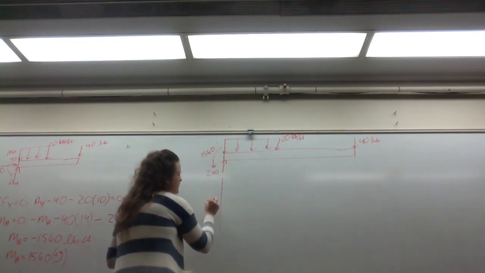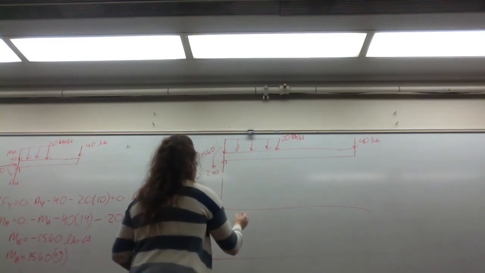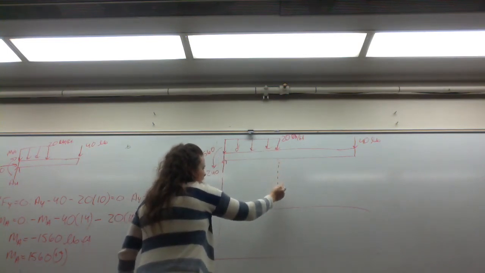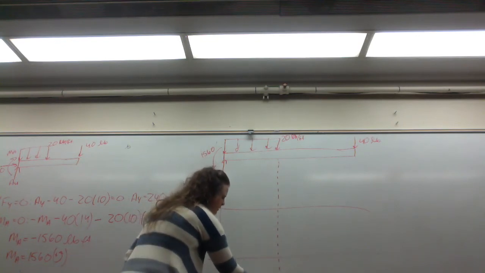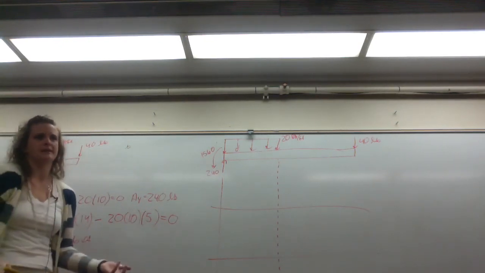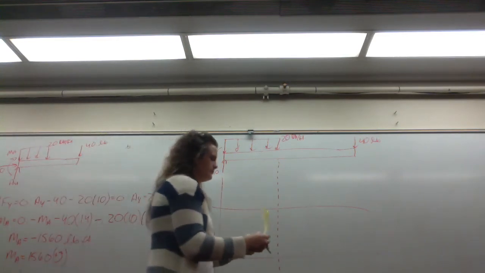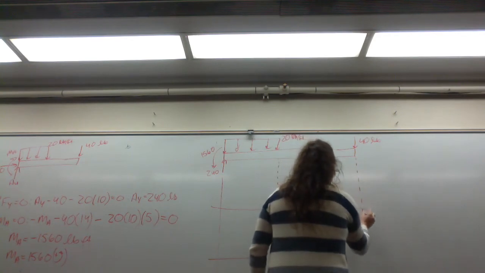I'll only be able to set it up because we're running out of time. We can discretize it based on the loading conditions. When you see a distributed load, include that distributed load. Don't section it off in the middle. So we only have 2 sections here.